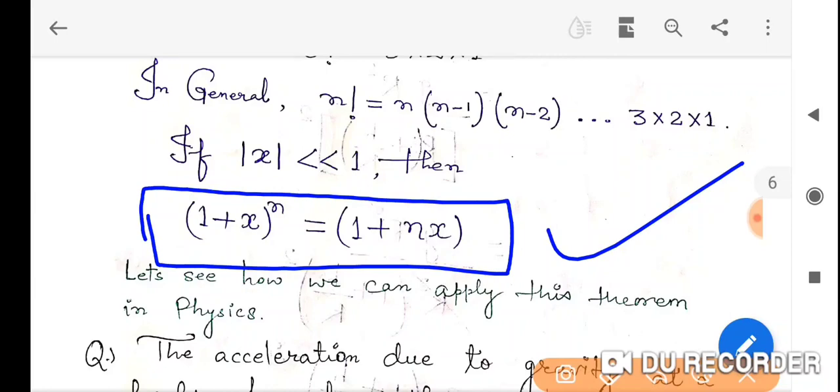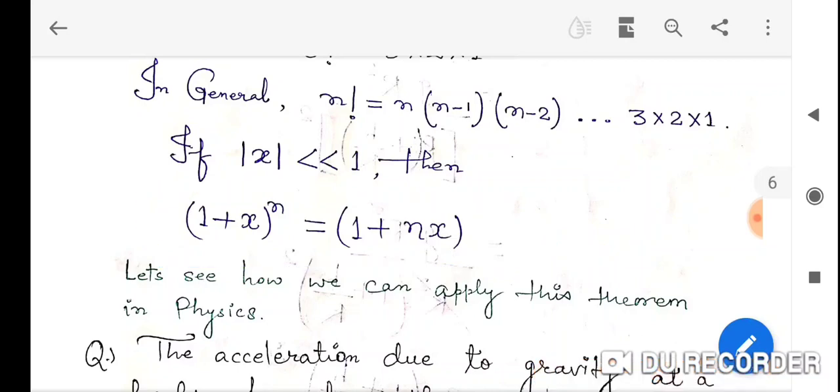That means we have seen the binomial theorem, which gets reduced to 1 plus x whole to the power n equals to 1 plus nx under the condition mod x is very less than 1.